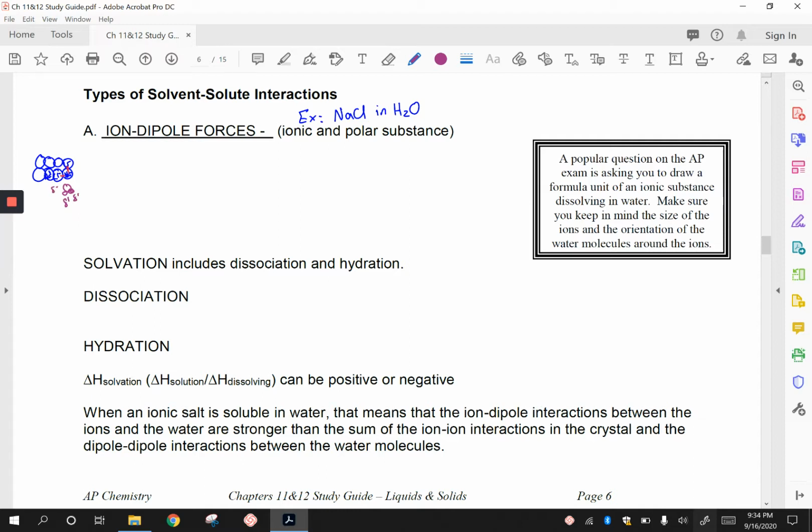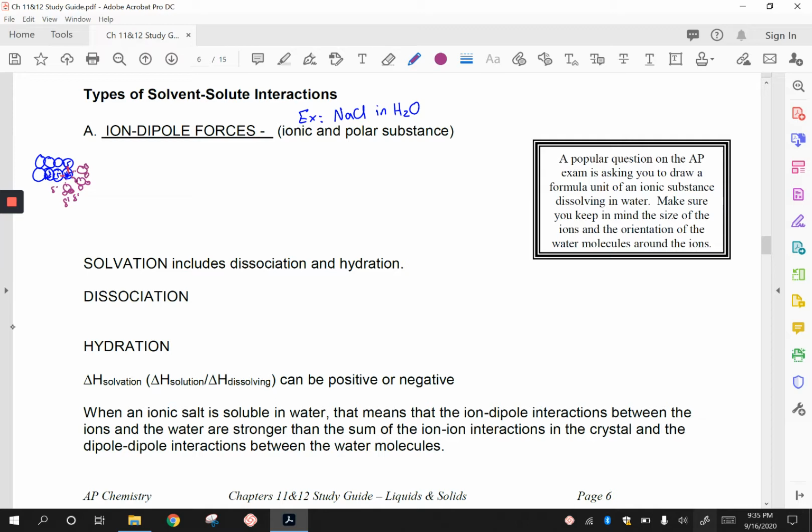This is partially negative. There's an attraction between that sodium ion and that oxygen from the water, because the oxygen is partially negative, the sodium ion is fully positive. So if I have enough water particles gang up on that sodium ion and all these partially negative oxygens attract that sodium ion, that attraction can get strong enough that it is stronger than the attraction between that sodium ion and the rest of the crystal, the chloride ions.